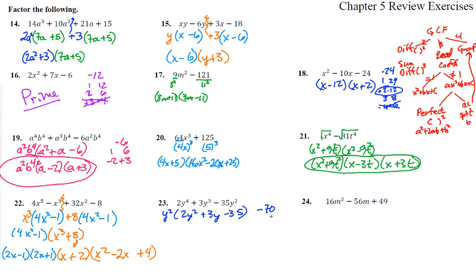Okay, negative 70, that's 1 and 70, 2 and 35, 3, 4, no, 5 and 14, 7 and 10. And that looks like it is times to a negative, meaning one of these has to be opposite. So negative 7 and positive 10 look like the numbers that match up to give us a positive 3. So this is actually 2y squared minus 7y plus 10y minus 35.